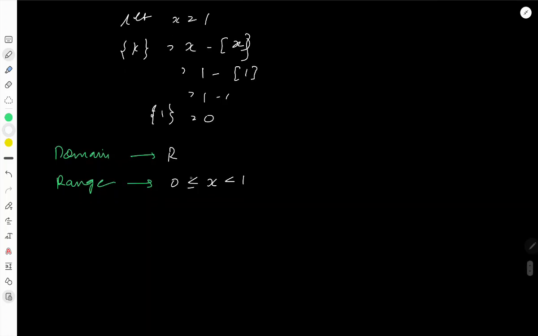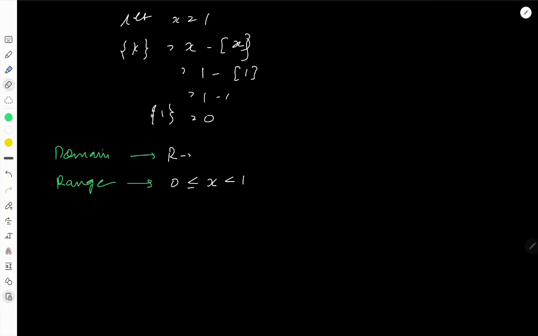So the range is greater than or equal to 0, when the input is an integer, and up to just 0.9, as we saw in the cases like 2.9 or minus 2.1.